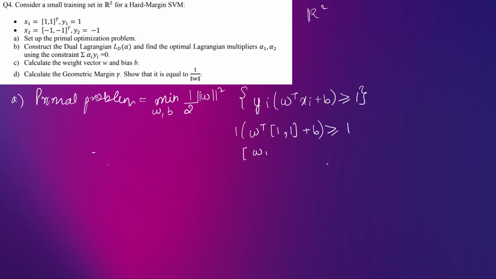This comes out to be w1 comma w2 into 1 comma 1 is equal to, this comes out to be w1 plus w2 on solving the matrix. W transpose x1 is equal to w1 plus w2.